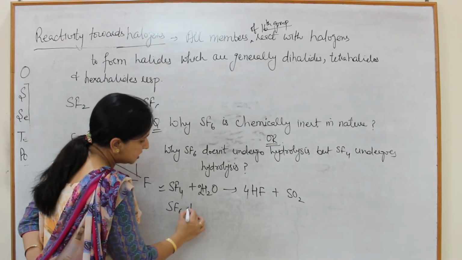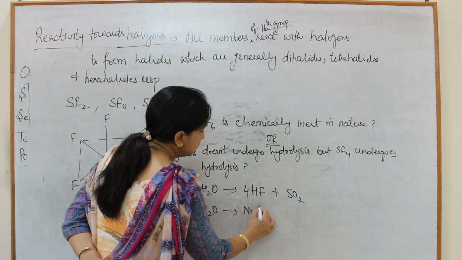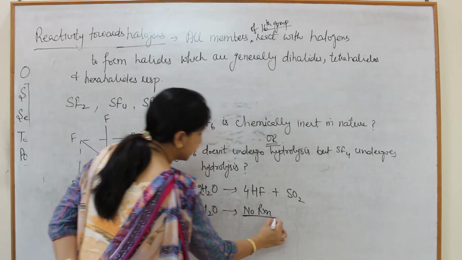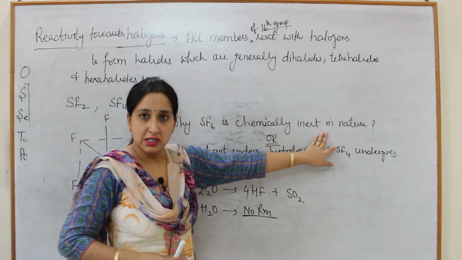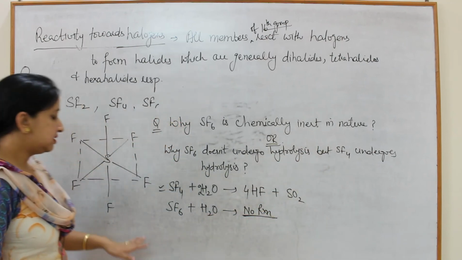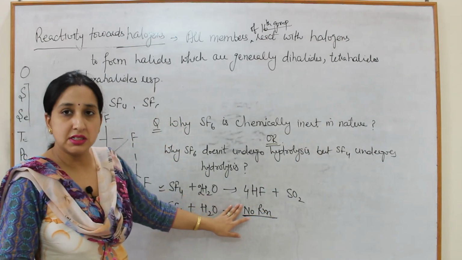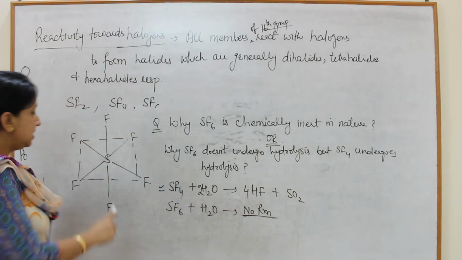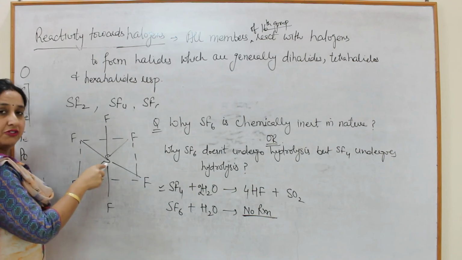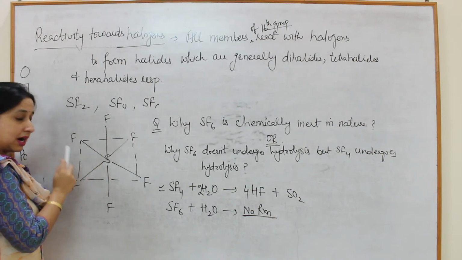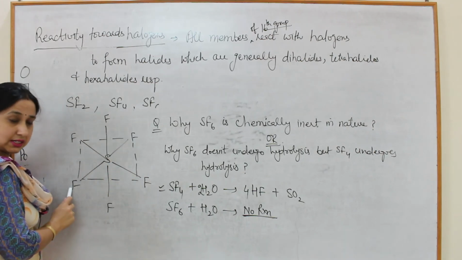But SF6, when we treat SF6 with water, there is no reaction. No reaction means it is chemically inert. So what is the reason behind this? Why this is chemically inert and the other undergoes hydrolysis easily? Because in case of SF6, sulfur is surrounded by 6 fluorines. 1, 2, 3, 4, 5, 6.